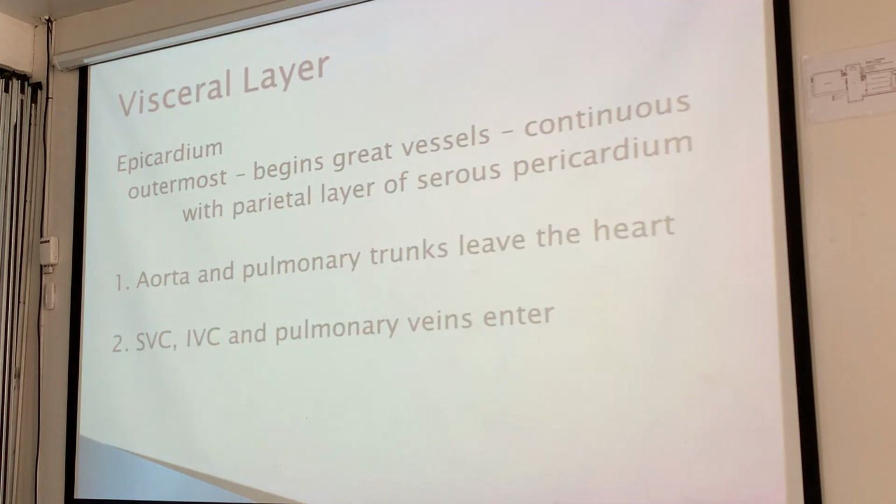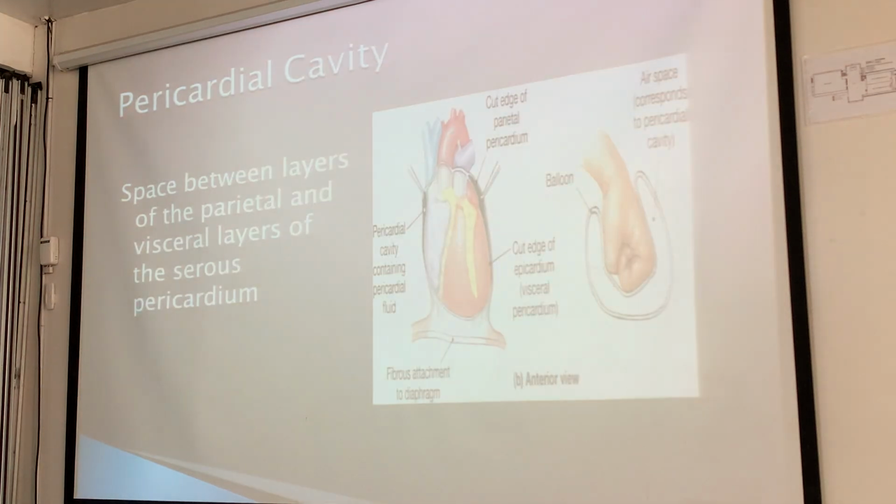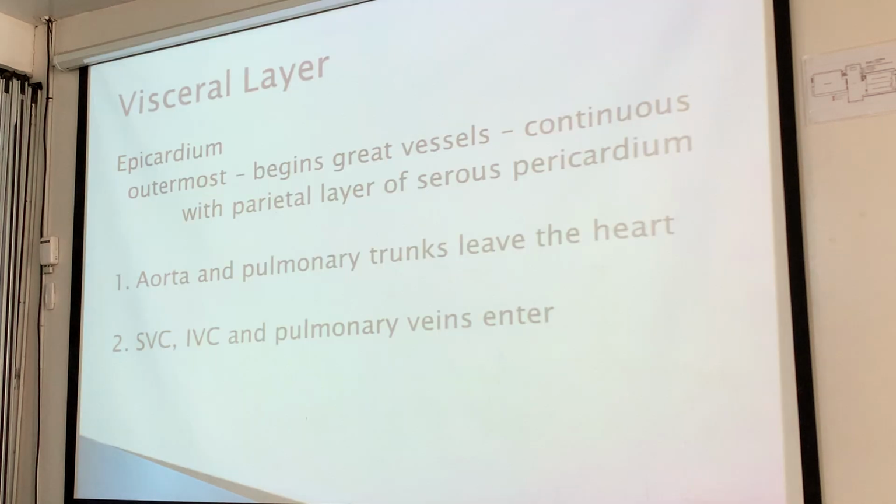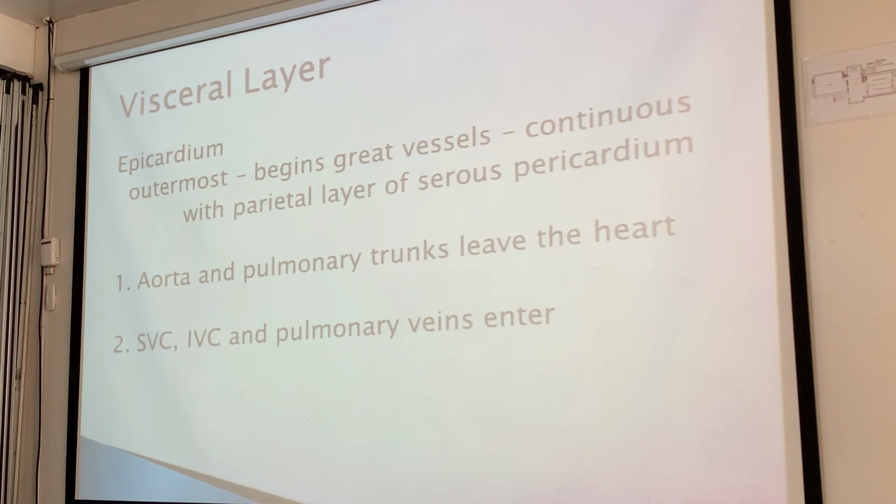Okay? Okay, let's start first with the epicardium, because we already know that it is also known as the visceral layer of the serous pericardium. It's another name. It is also continuous, again based on this illustration, it follows the shape and turns around. So it is actually continuous also with the parietal layer of the serous pericardium.